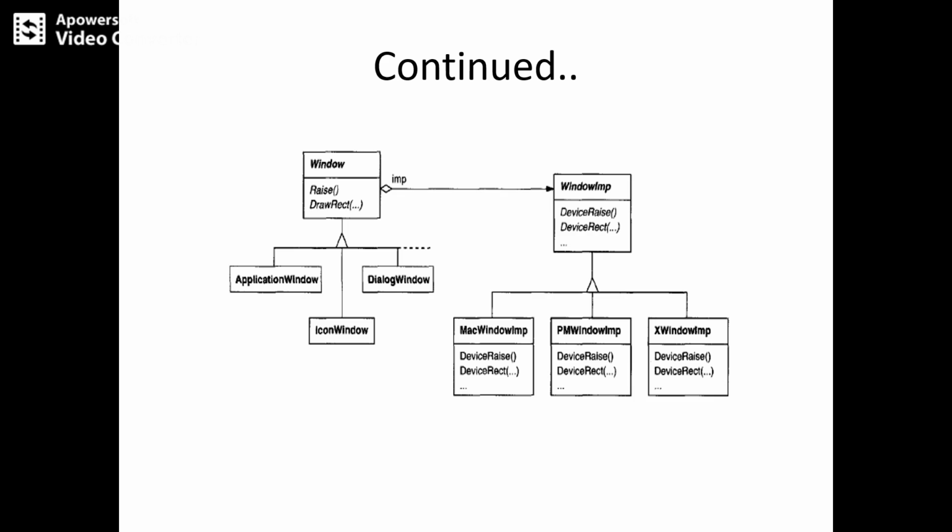By hiding the implementation in the window IMP classes, we avoid polluting the window classes with window system dependencies. This keeps the window class hierarchy comparatively small and stable, while we can easily extend the implementation hierarchy to support a new window system.